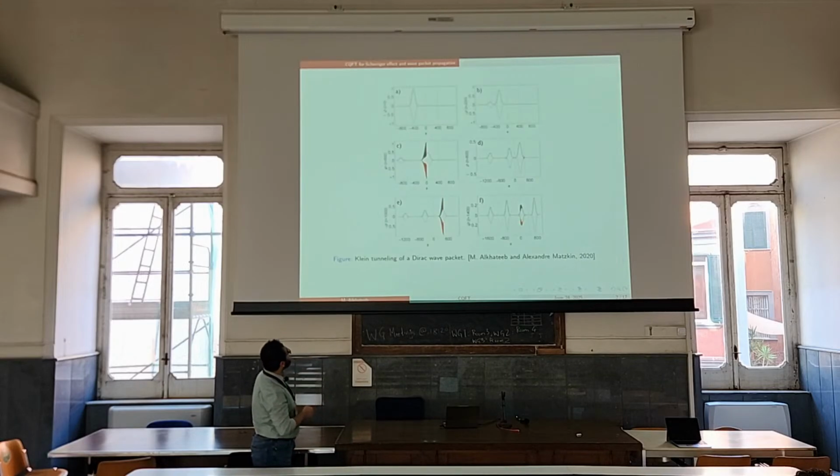In the case of the Klein tunneling, if you study it in the first quantized theory, you find that your wave packet, when passing through the barrier, is divided in two parts, and inside the barrier only negative energy solutions exist. But since the charge is conserved, both parts should have the same charge.